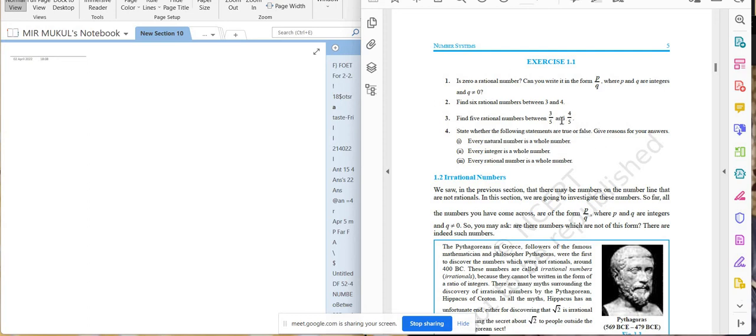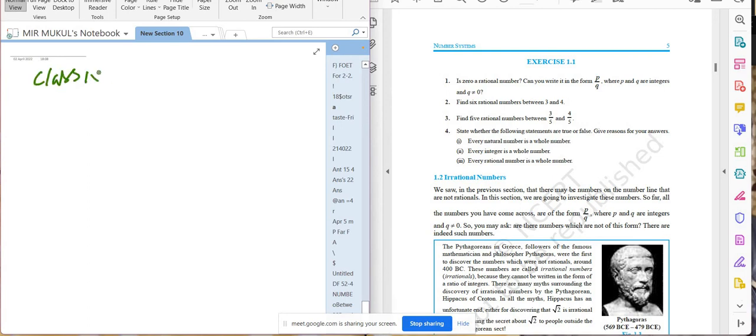And this will be for class 9. So the first exercise concept I have given for class 9 and class 10 both. One question I'm showing to you, other questions you will do. So for class 9, first question, Akshaya, is 0 a rational number?